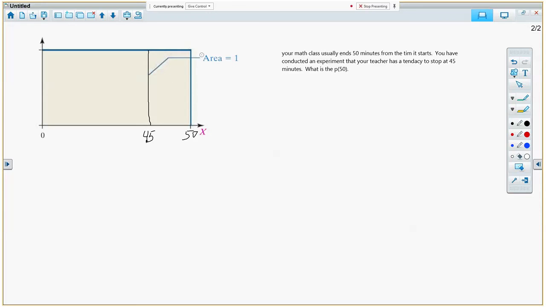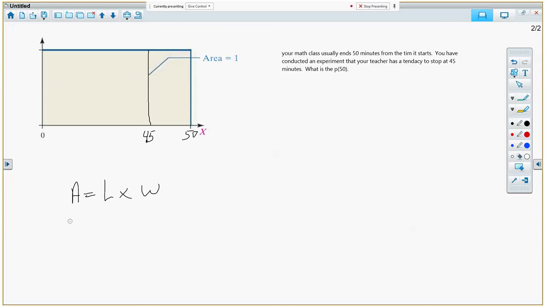So, they're asking you, what is the probability that they will go 50 minutes? And you say, well, we don't have anything, we need to have this height. So, you go, okay, well, area equals length times what? Width, or base times height, whatever you want to call it.